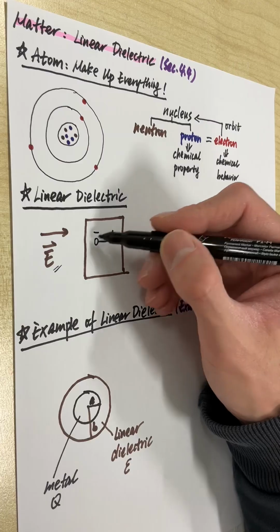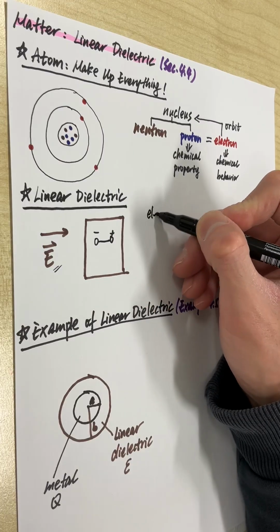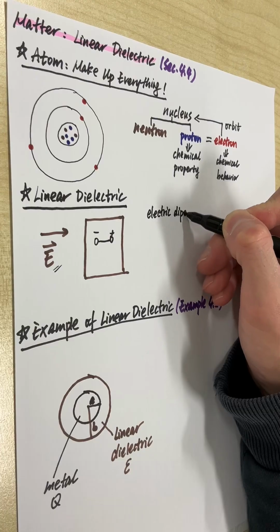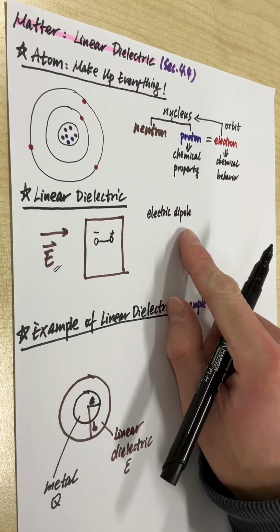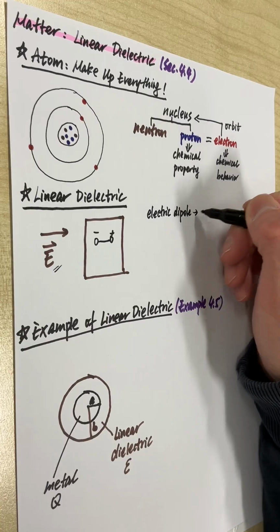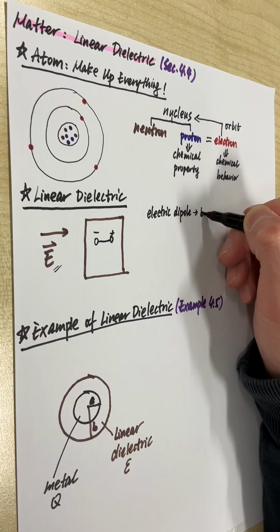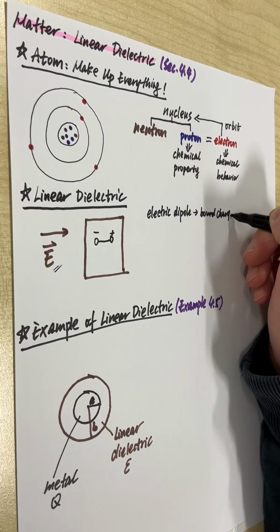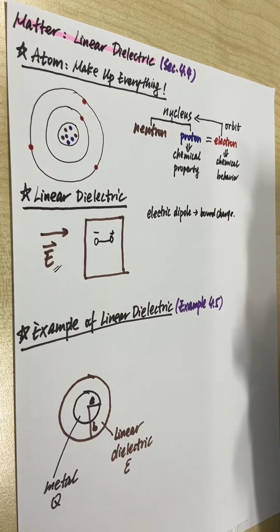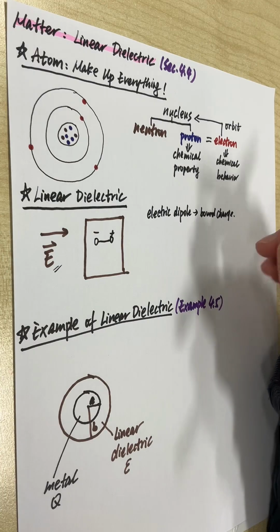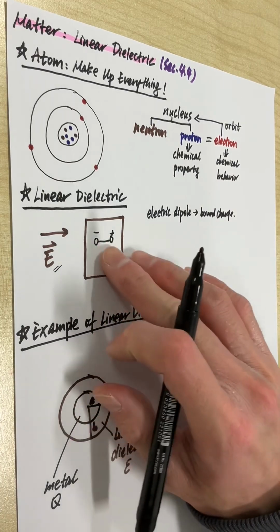So this structure is called an electric dipole. And electric dipole means charges are not free to move, so they introduce bound charge. So basically that gives us accumulation of charge.